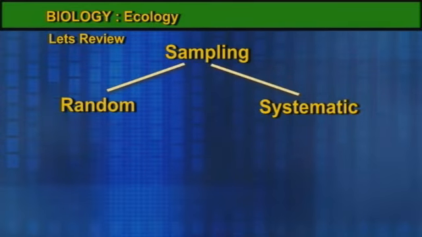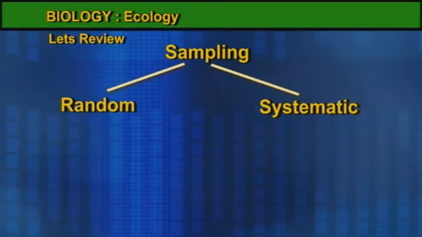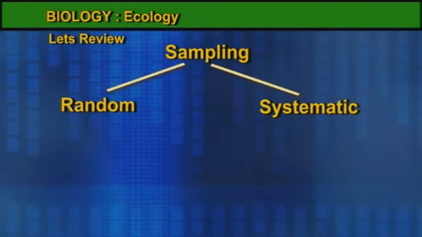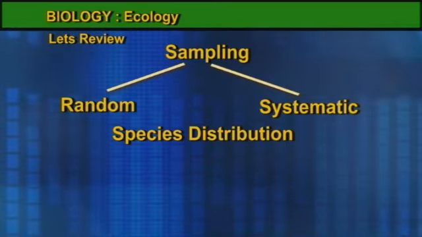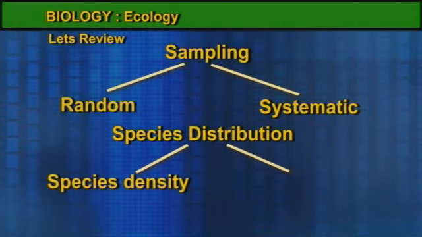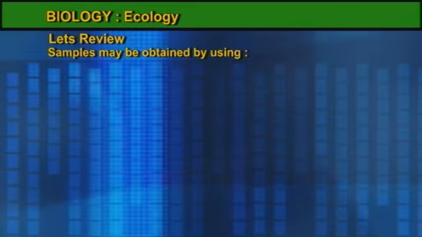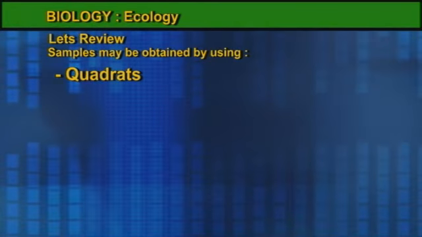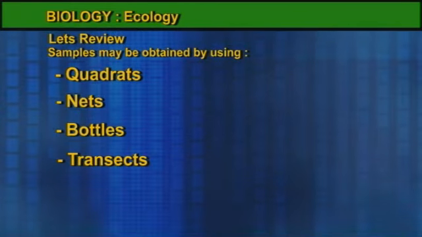From the samples collected, one is able to estimate the number of organisms within a given area of ground or volume of water. This is the species distribution. Species distribution involves the species density and species frequency. Samples may be obtained by using quadrats, nets, bottles, and transects.